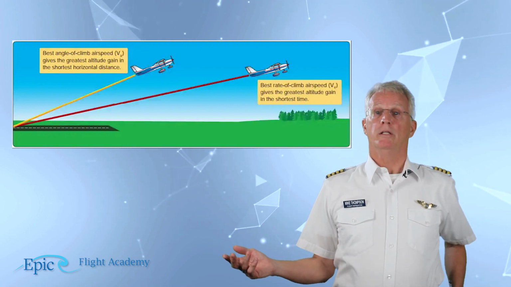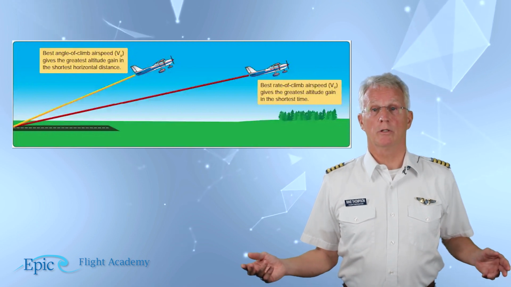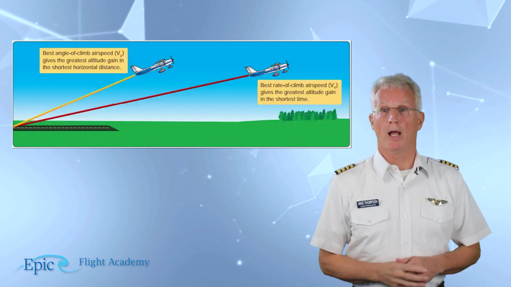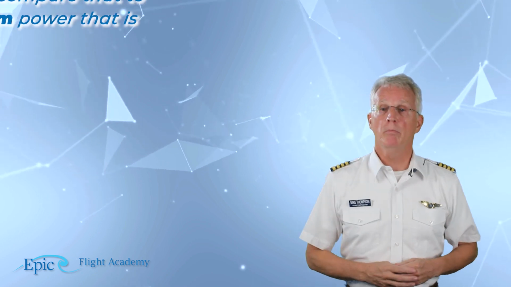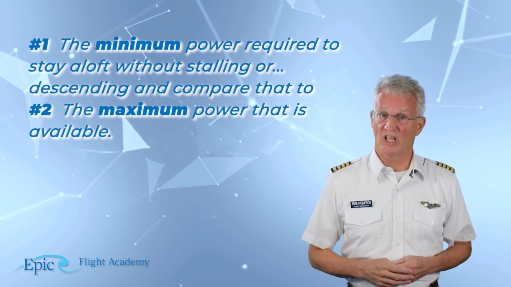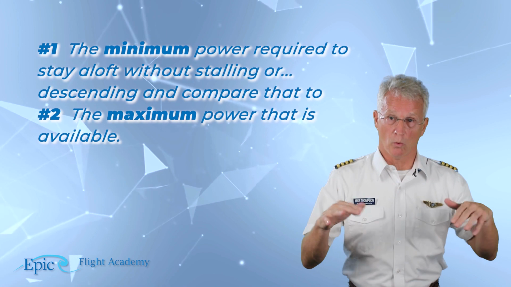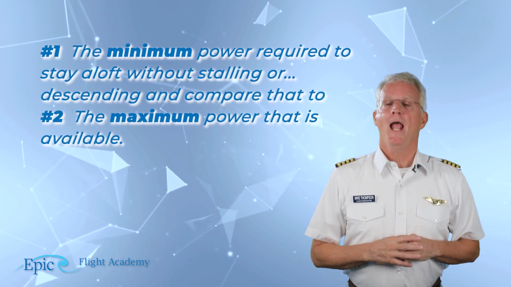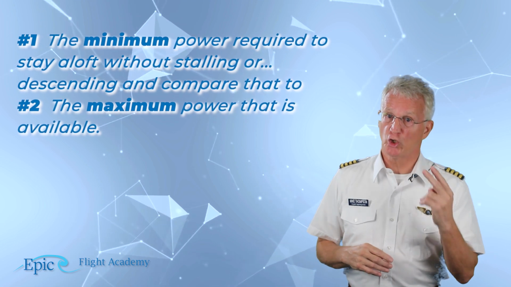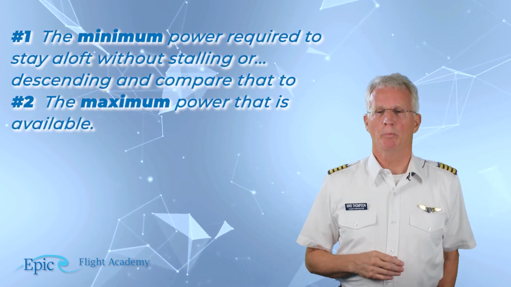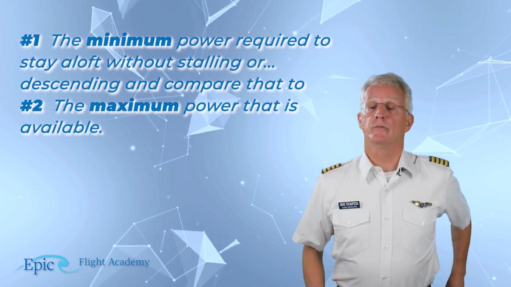Okay, well, in that case, then we need to look at two curves supplied to us by the aircraft manufacturing engineers. Number one, the minimum power required to stay aloft without stalling or descending. And compare that curve to number two, the maximum power that is available.